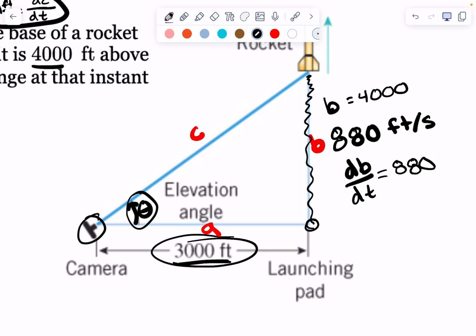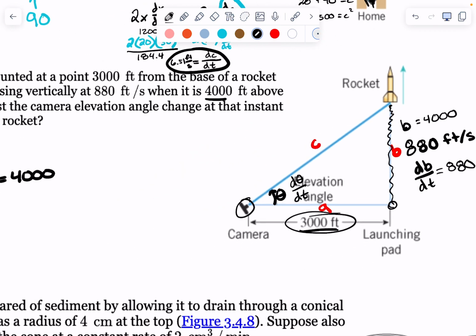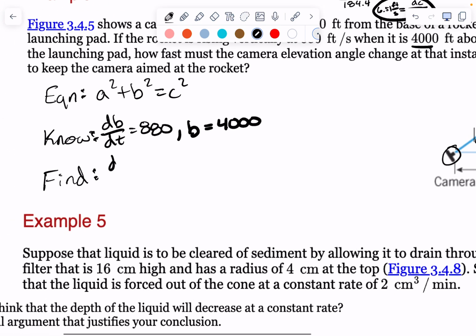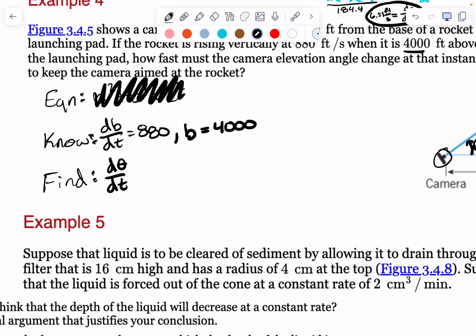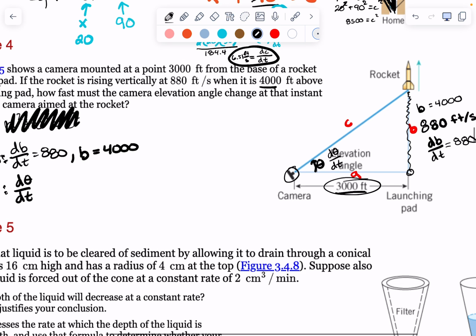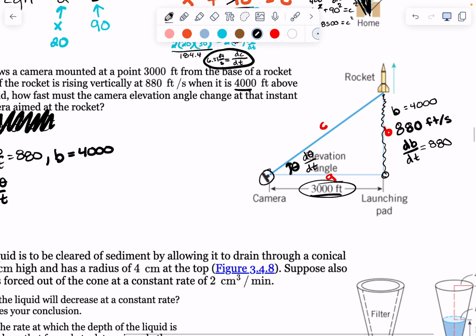Oh, d theta. We're trying to find d theta dt, right? The rate at which that angle changes. Okay, so we're trying to find d theta dt. We are not doing a squared, b squared, c squared. Dang it. Okay, what are we doing?